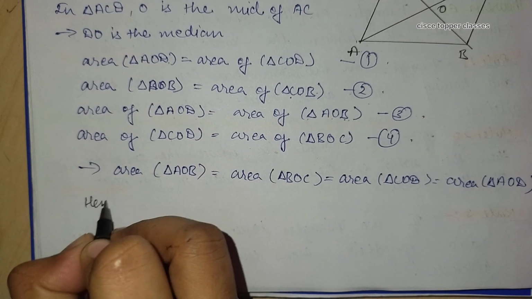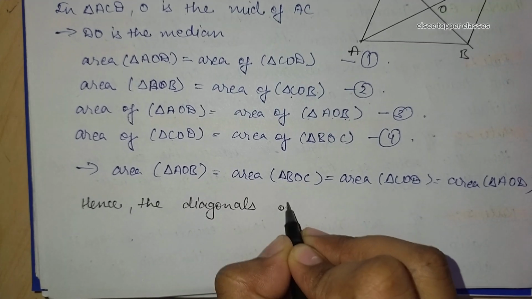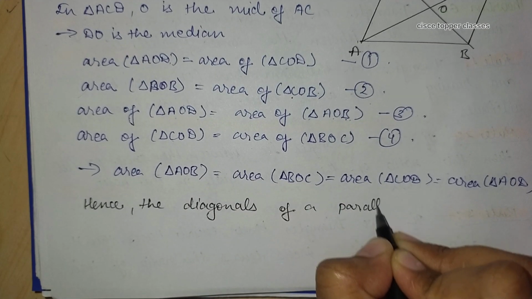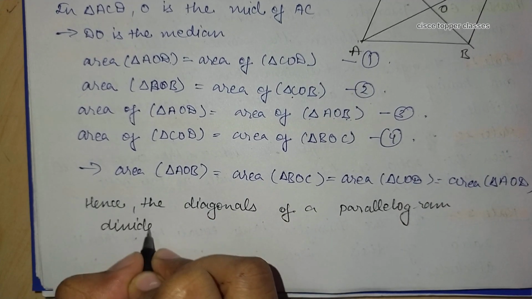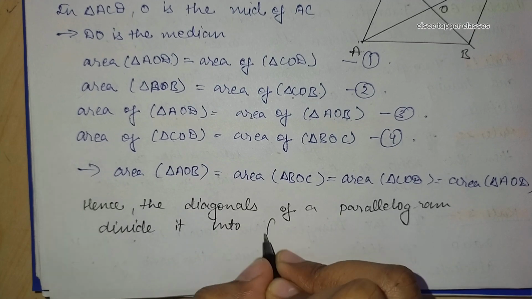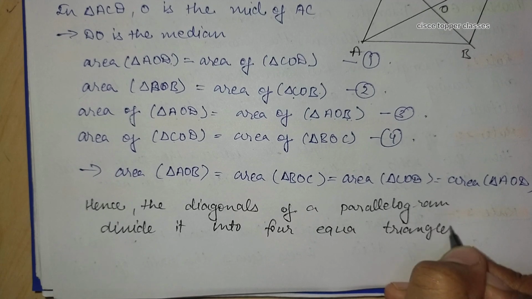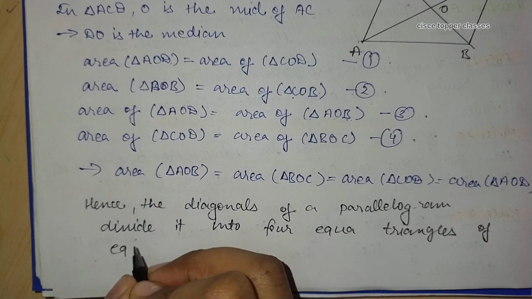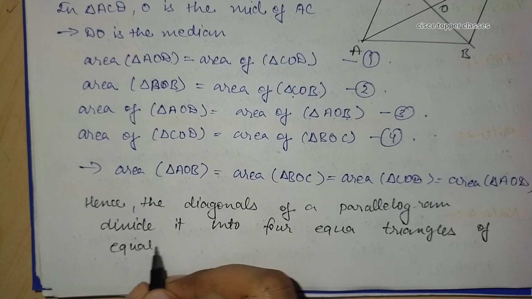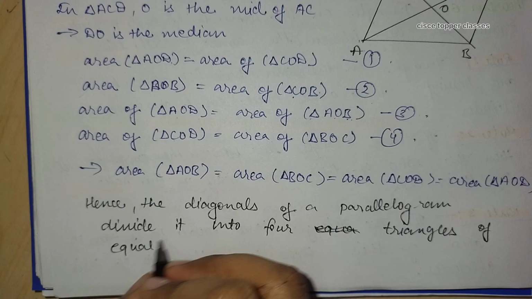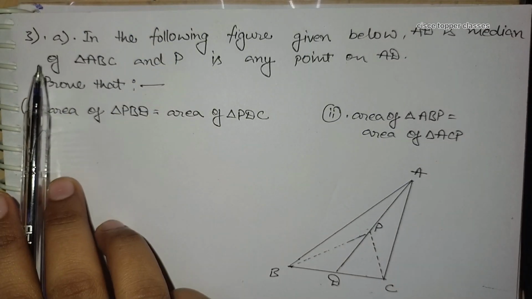Hence the diagonals of a parallelogram divide it into four equal triangles. Hence proved, that the diagonals of a parallelogram divide it into four triangles of equal area. Now let us solve the first question.